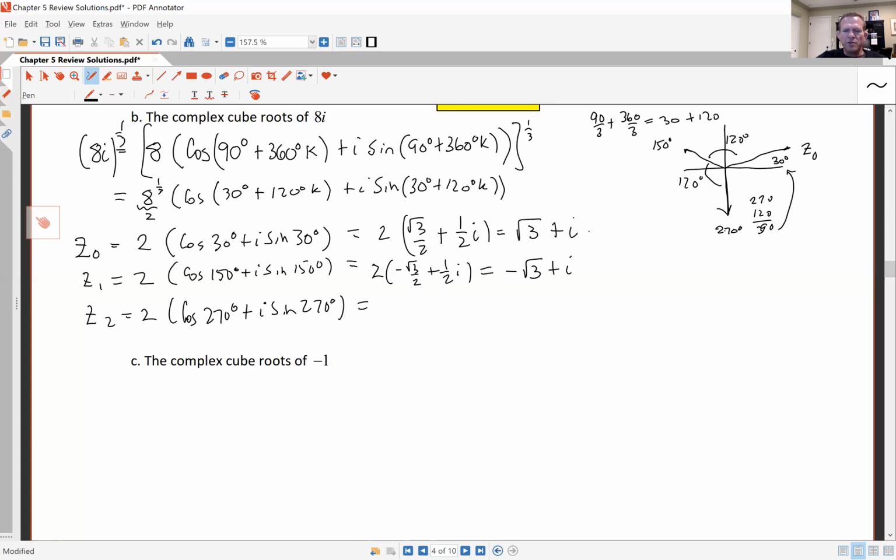And then for the 270, cosine of 270 is 0, and sine of 270 is negative 1. So this gives us negative 2i. And so those are all the complex cube roots of 8i.